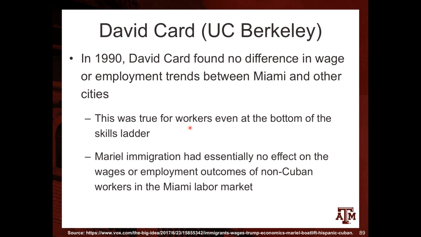And this was true for workers even at the bottom of the skills ladder. So even for these really low-skilled workers, he found no difference in wage or employment trends between Miami and these other cities. The Mariel immigration had essentially no effect on the wages or employment outcomes of non-Cuban workers in the Miami labor market.